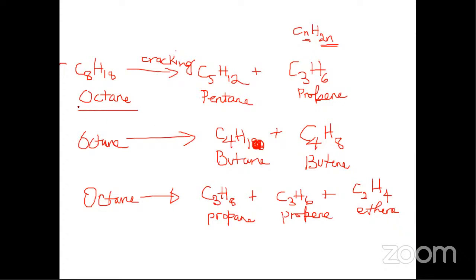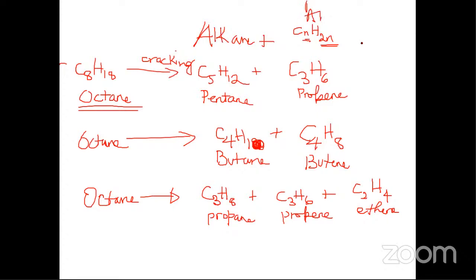All right, so basically what we're showing you is that when a molecule undergoes cracking, it breaks down into smaller, more useful ones. So this molecule octane broke down into pentane, and you usually get an alkane and you get an alkene. Two kinds of products.